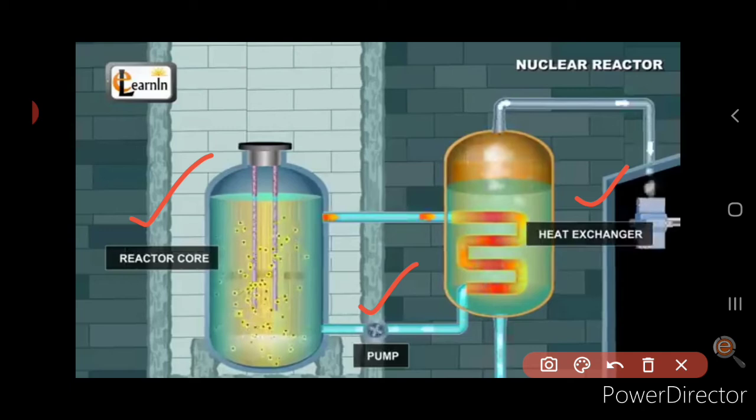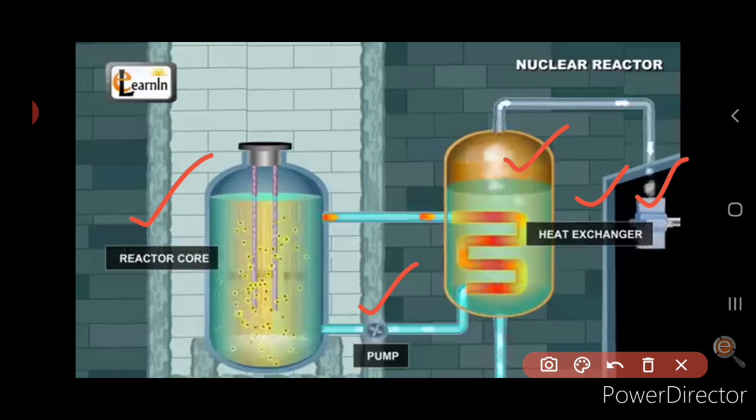And here the reaction takes place, and this is made to heat up or boil the water, which produces steam, and this steam is used to run the turbine in order to produce electricity, right? So this is how the process takes place.